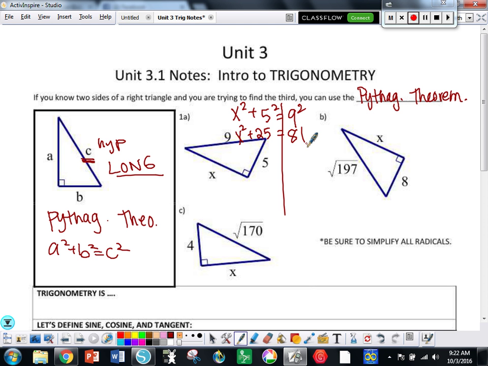What next? There's that 25. So x squared equals 56. How do I cancel a squared? Take the square root. Now from our first unit together, we learned how to simplify a square root.